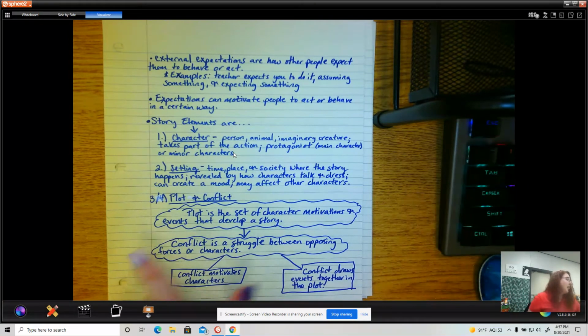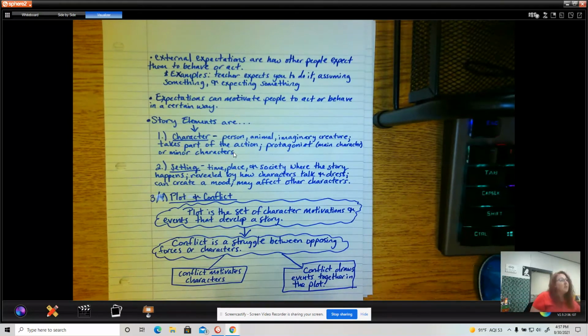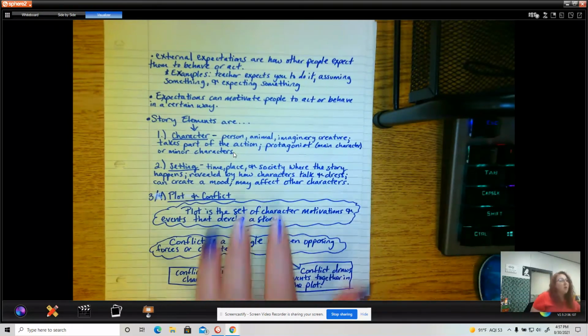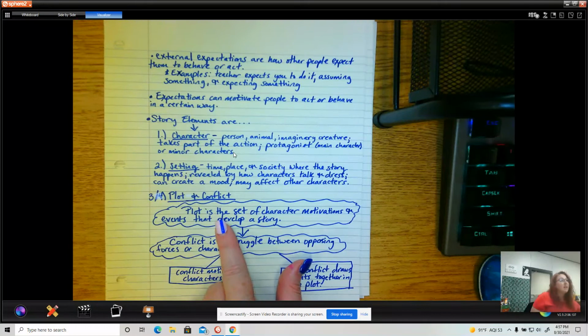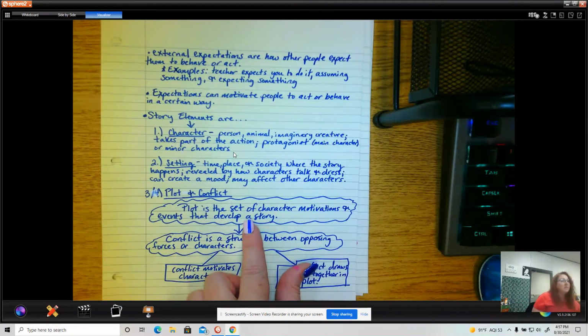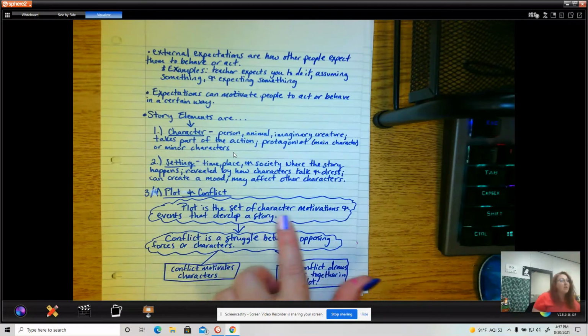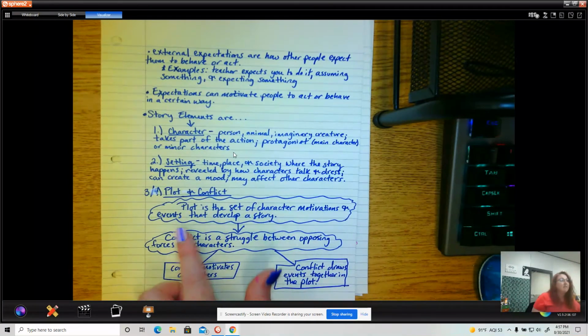I put these two together because they go hand in hand. Your conflict goes with your plot. So the plot is a set of character motivations and events that develop a story. So this is in a sequence, and it's based on your character's motivation and events that help develop your story.